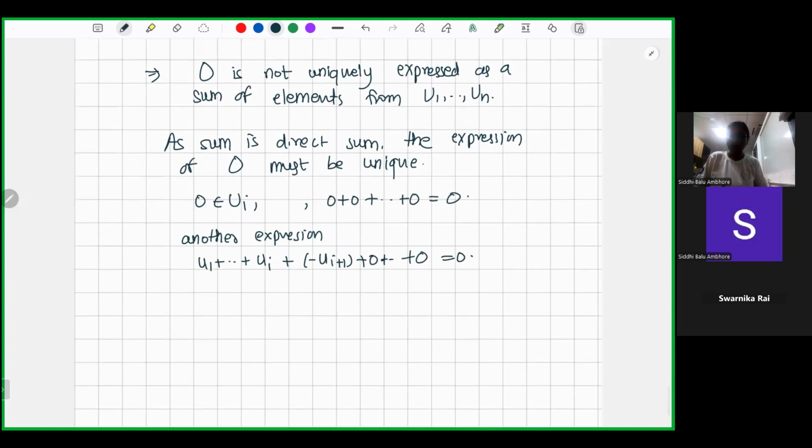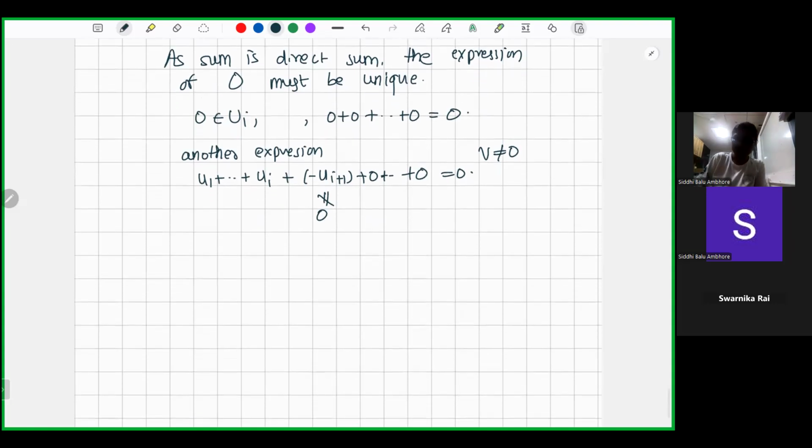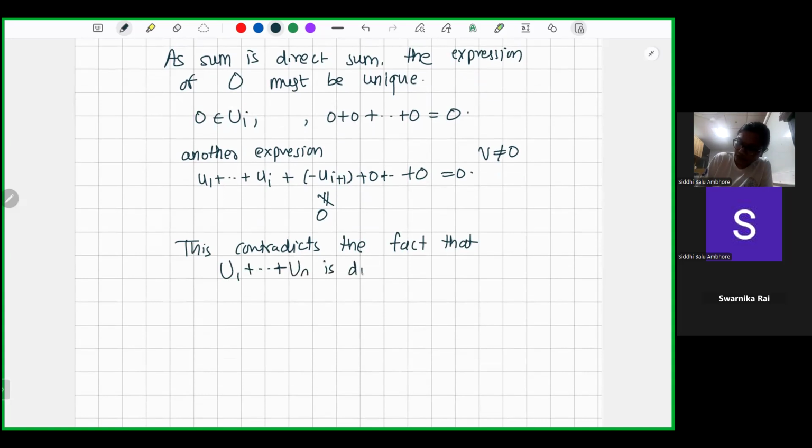And this is 0. And since I assumed this is non-zero, this is a non-zero linear combination of 0. So this no longer becomes a direct sum. This contradicts the fact that u1 plus un is a direct sum.